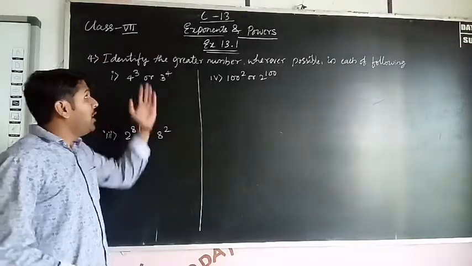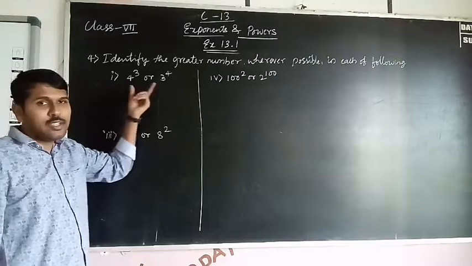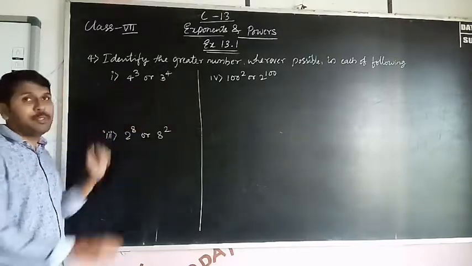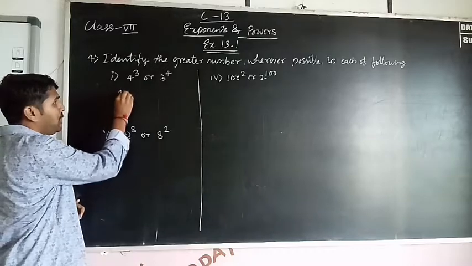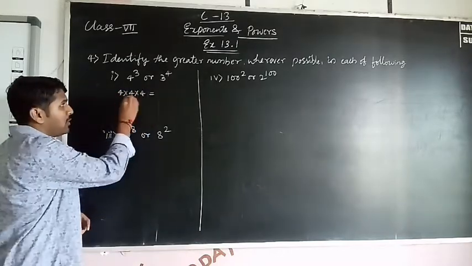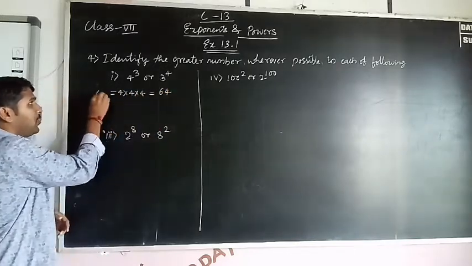Next, fourth one: identify the greater number wherever possible in each of the following. So how to find out these two? Which one is greater? So first solve it. 4 raised to 3 means first 4 into 4 into 4. So what will be the answer? 4 4s are 16, 16 4s are 64. Next, this is 4 raised to 3, no?